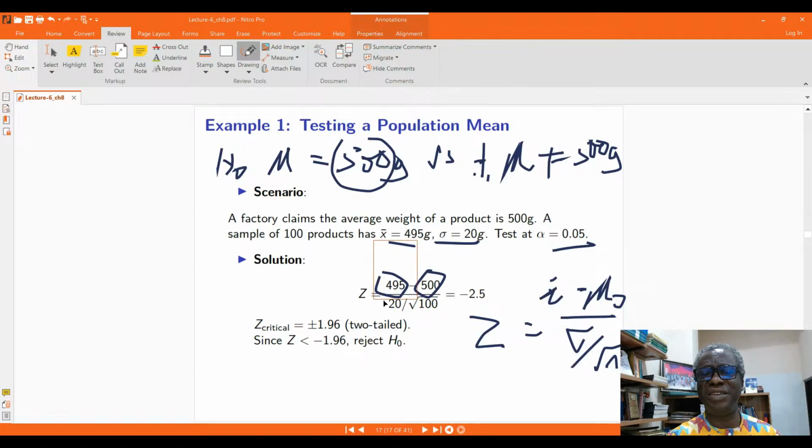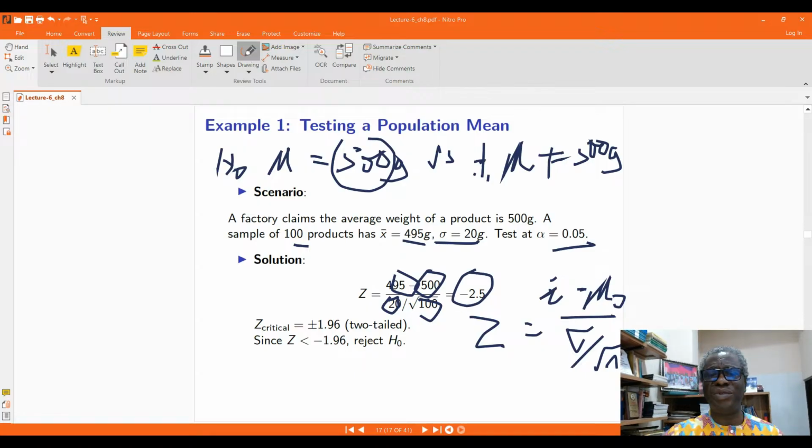This is the population standard deviation, which is the 20 gram, and then 100 represents the sample size. So your Z value is minus 2.5.